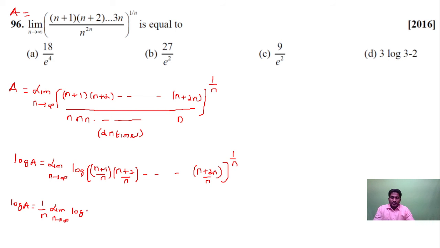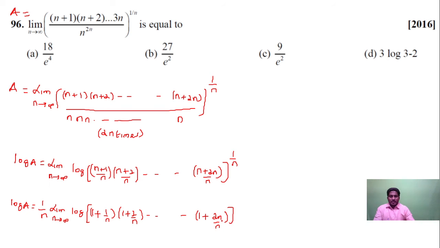Log m into n is log m plus log n, right? Let me first write this: 1 plus 1 by n into 1 plus 2 by n, and so on. This will be equal to 1 plus 2n by n.